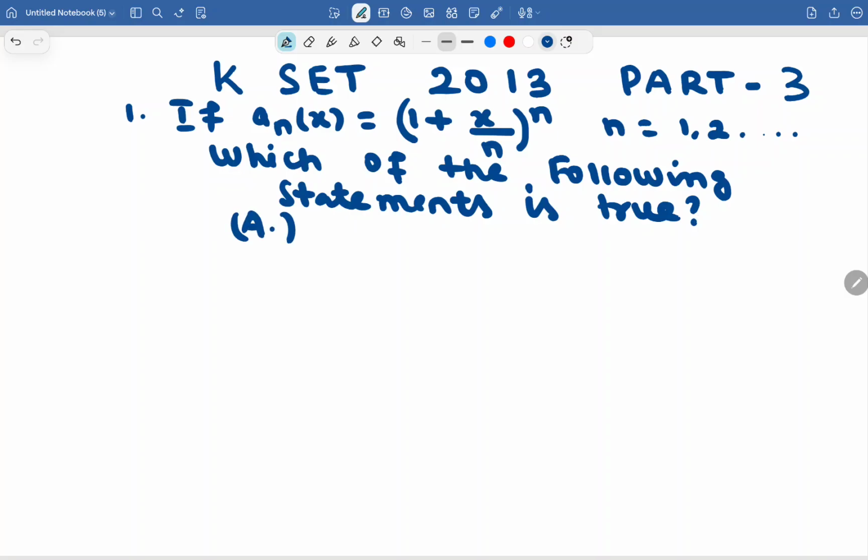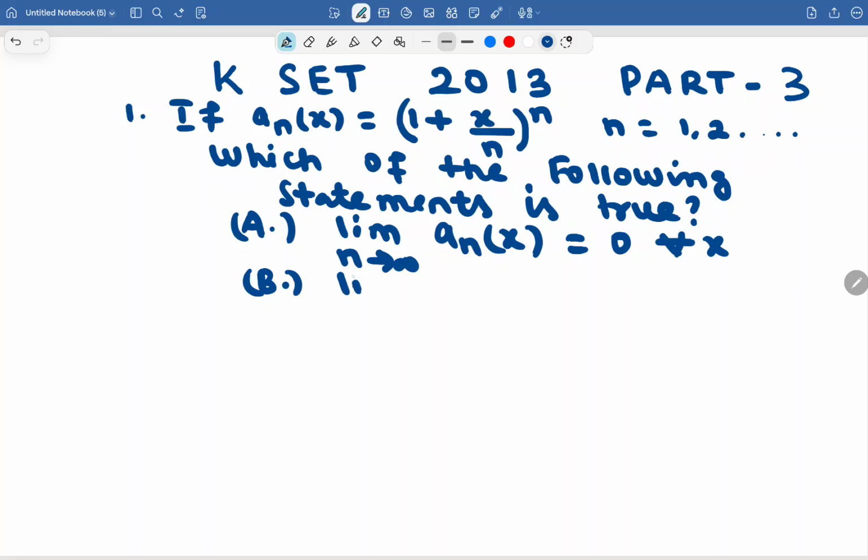Option A, limit n tends to infinity a_n(x) equal to 0 for all x.